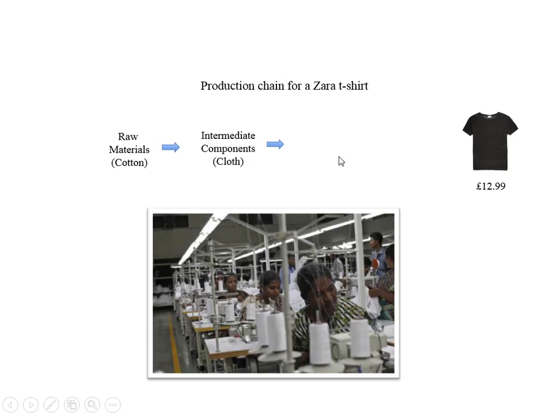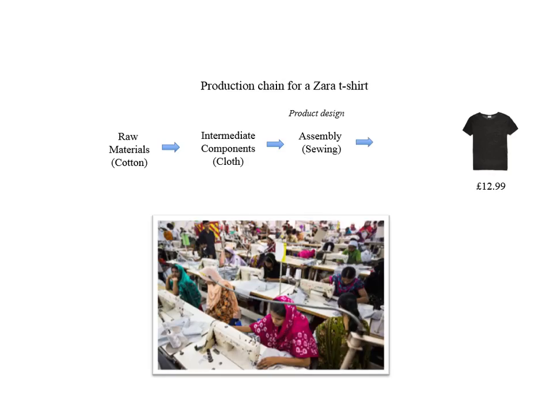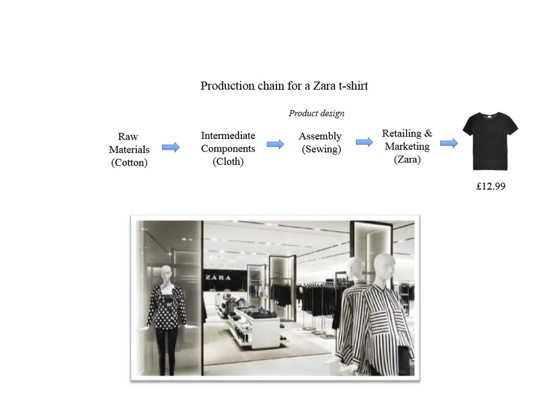And this is mainly done in countries like Bangladesh and Vietnam. The next stage, you sew the cloth together according to the design given to you by Zara. You make the clothes. Finally, you deliver them to a retail store in Oxford Circus, and you sell them. You market them.